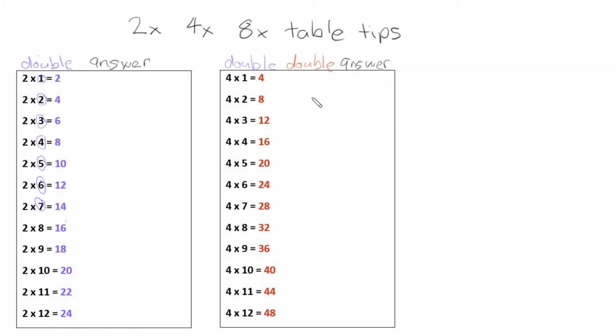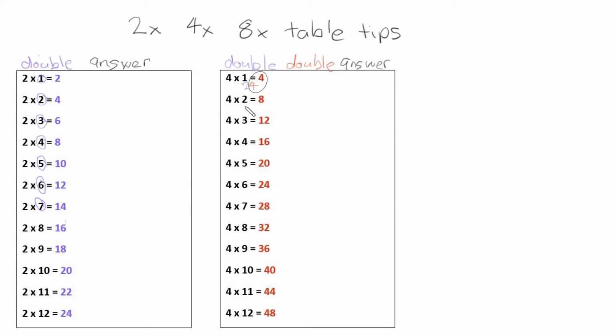I think I'm running out of room here, but let's give it a go. Let's start with the most obvious. Double 1 is 2. Double 2 is 4. So the final double gives you the answer.